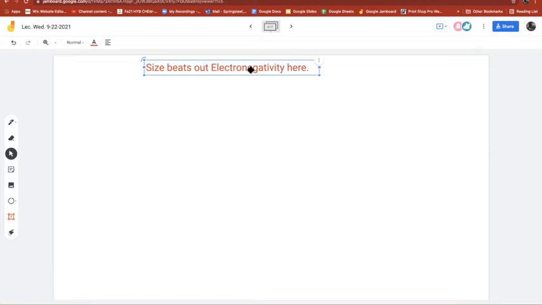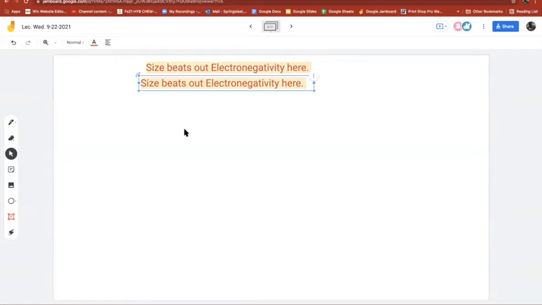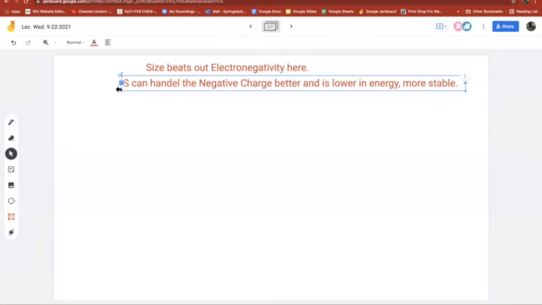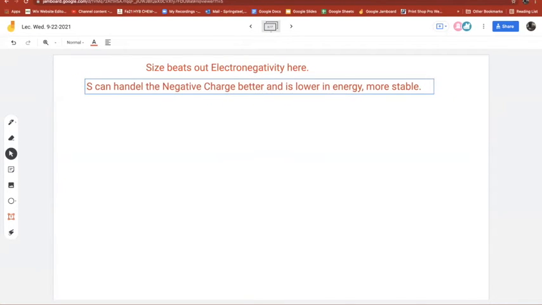Yep, size beats out electronegativity, and this means that the sulfur can handle the negative charge better, and is lower in energy, more stable. And let me just show you real quick a couple things. Let's look up electronegativity and also size.